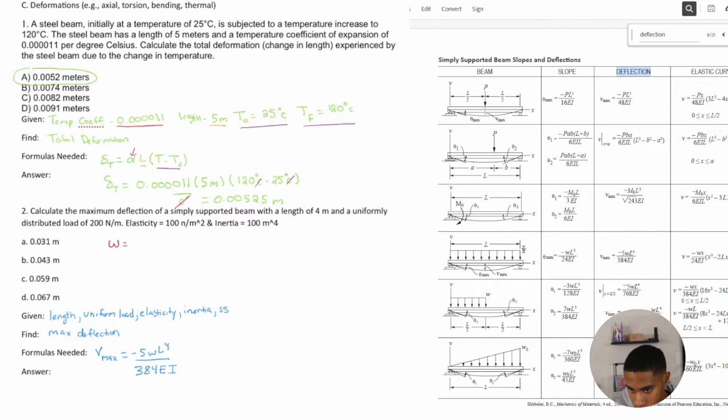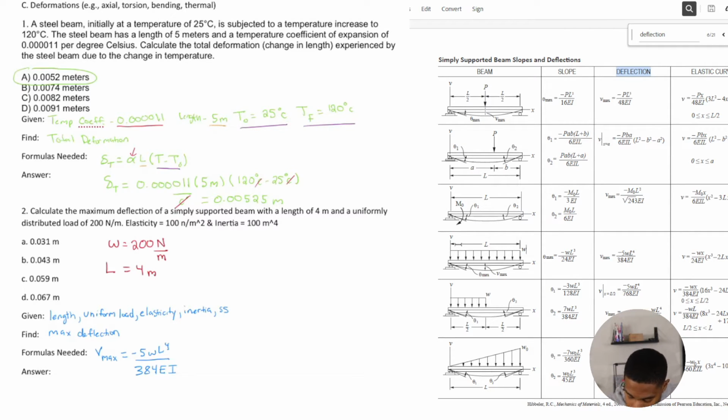So what is that distributed load? Well, we know that W for us is going to be 200 newtons per meter. Okay, so we have W. What about L? Well, L, according to our chart, is the length of the beam. Do we have the length of our beam? Yes. You know the length of our beam is 4 meters.